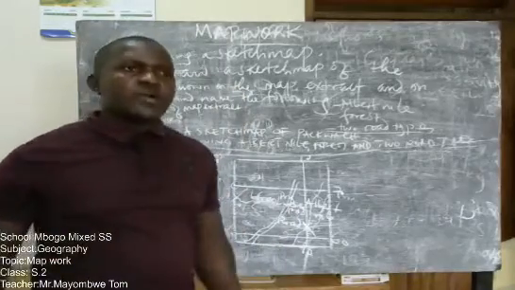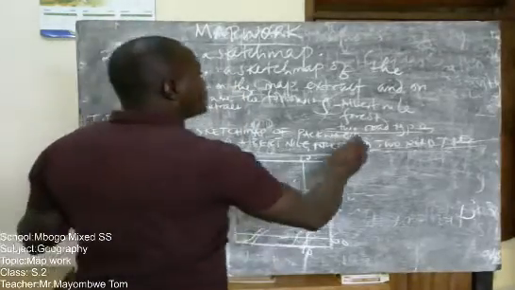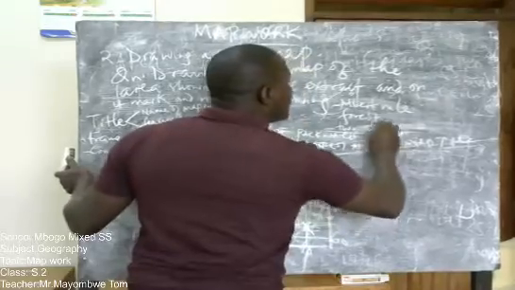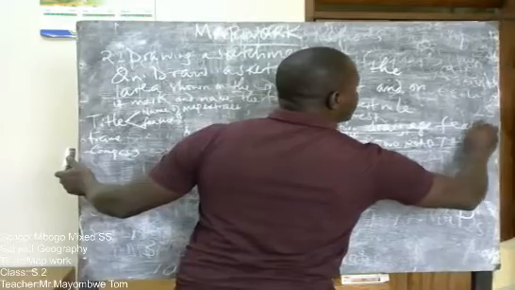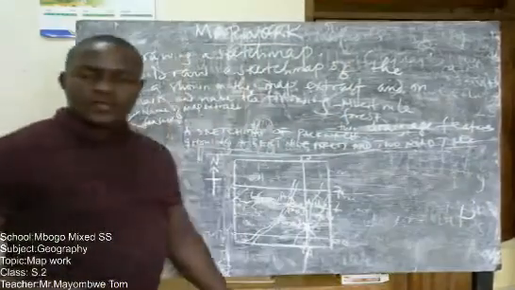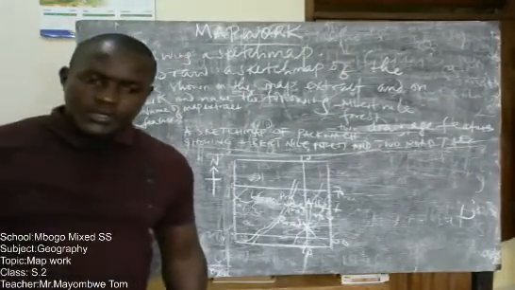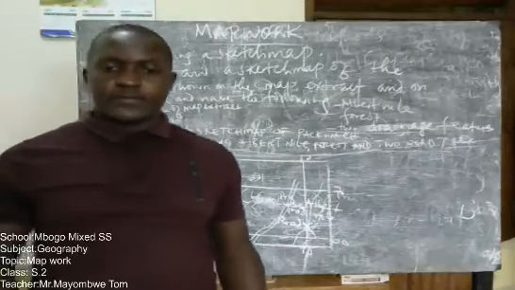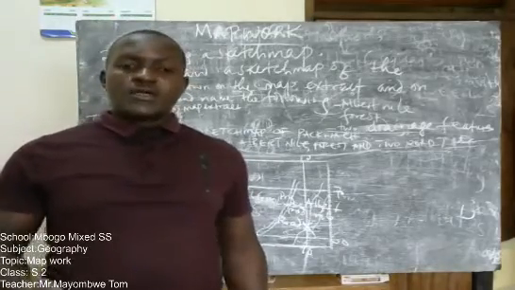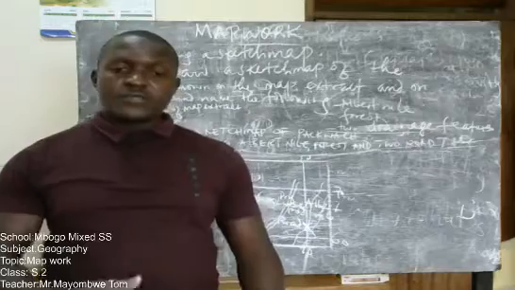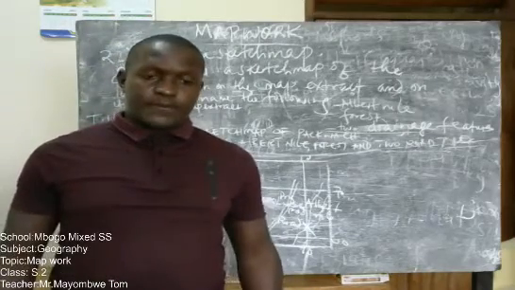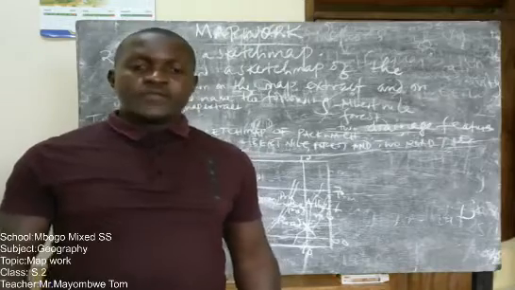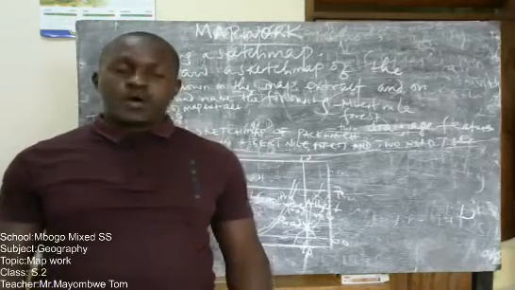A question may come, draw a sketch map and indicate 2 drainage features. You must ask yourself first, what falls under drainage? Those are water sources. It can be a river, it can be a lake, it can be a swamp.